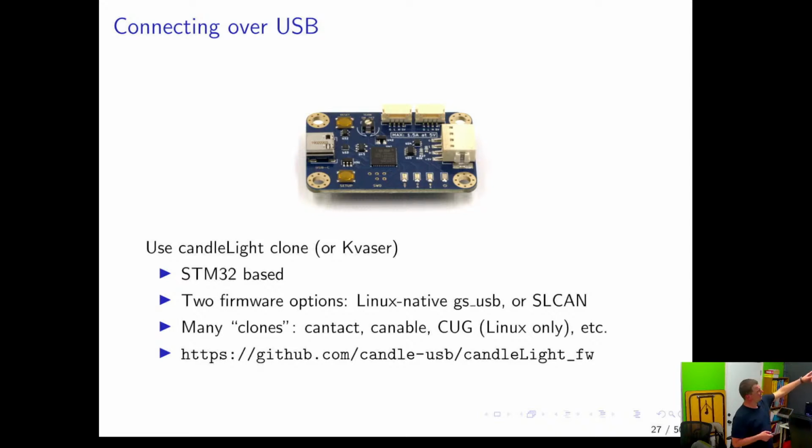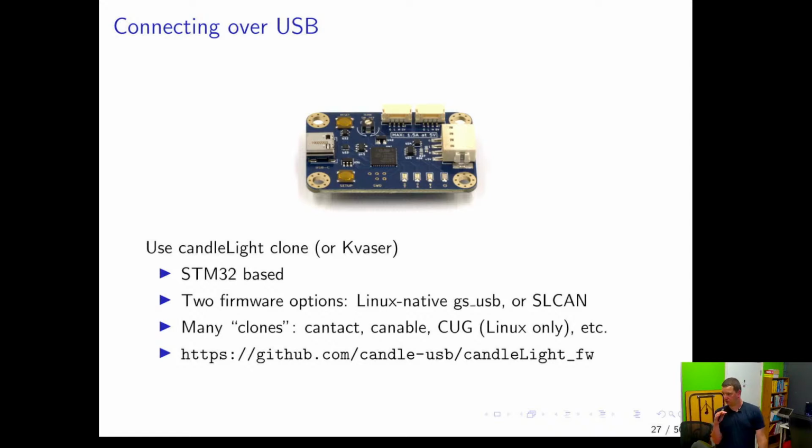And then on the PC, you need, this is one of our dongles, but there's a bunch of clones. There's an open source CAN USB device called Candlelight. There's 20, 30 different clones for it. USB based. And there's 2 firmware options. One is Linux native, where you plug it in and it's just a network adapter, which is great.